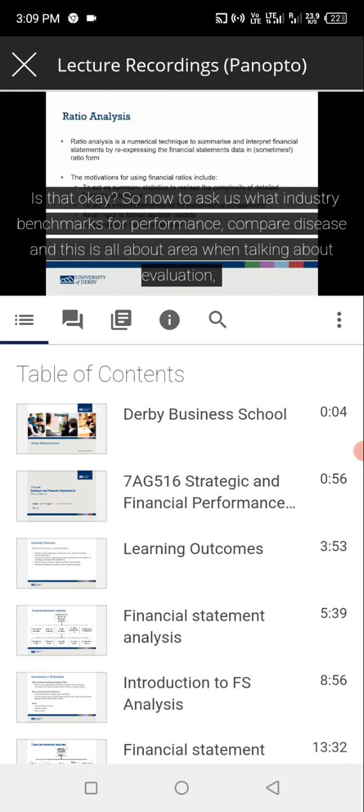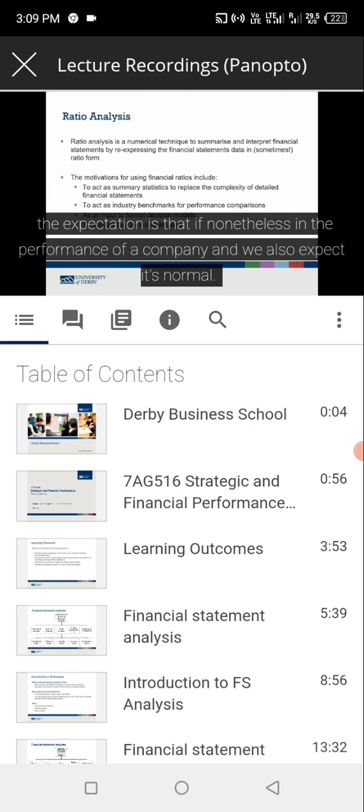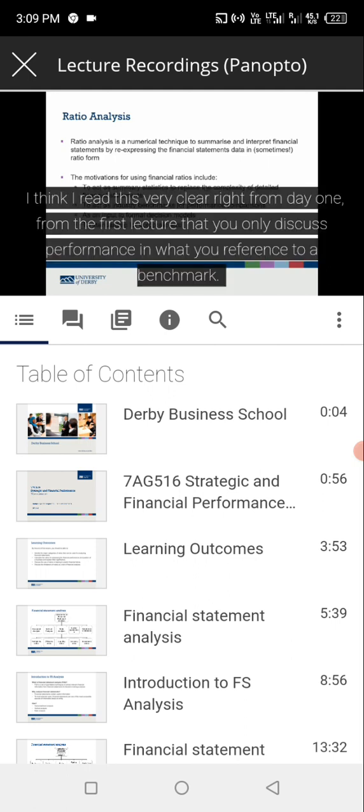Is that okay? So now, to act as what? Industry benchmarks for performance comparisons. And this is another area. When talking about evaluation, the expectation is that if you are analyzing the performance of a company, I think I made this very clear right from day one, from the first lecture, that you only discuss performance in reference to a benchmark.